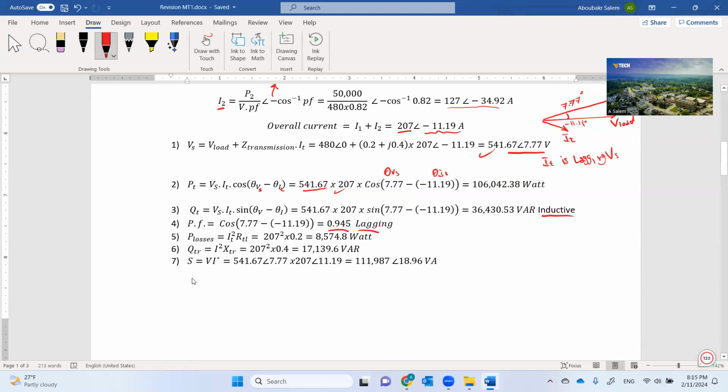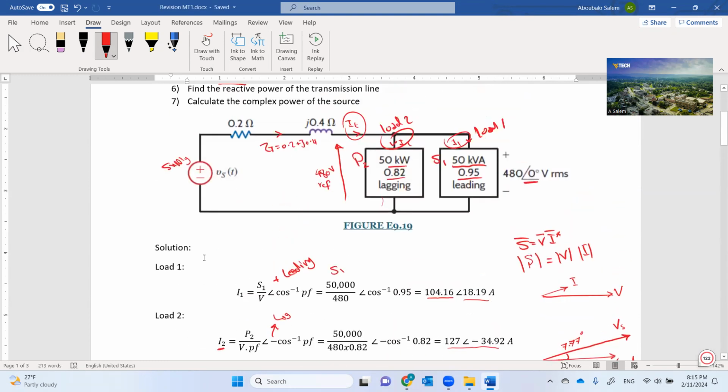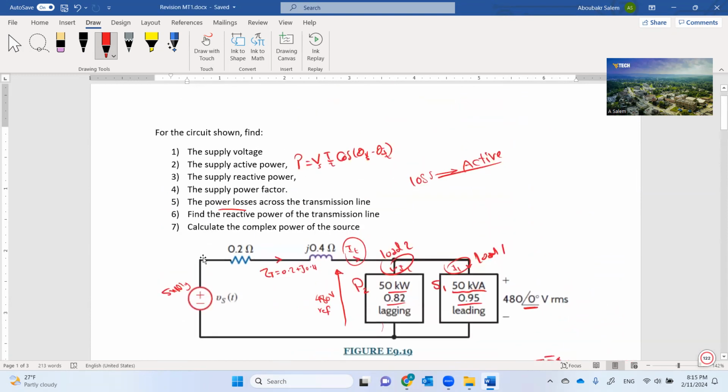So this is another way, S also equals P total divided by the power factor of the supply, but this is going to bring the magnitude only, not magnitude and angle. So this is the absolute value of S. Okay, so this is an example, guys, of the power analysis for a single phase circuit.